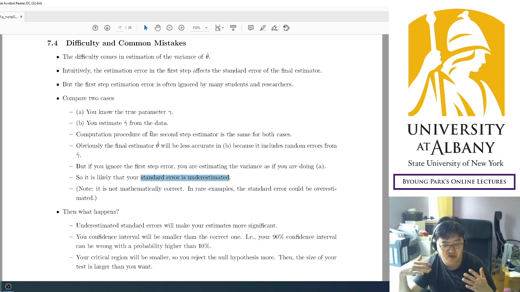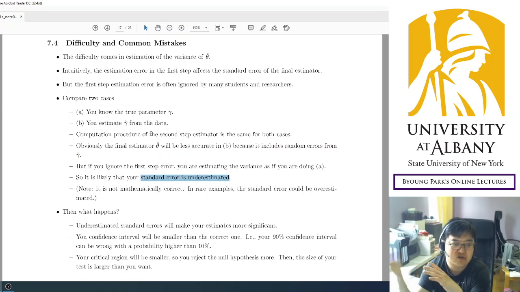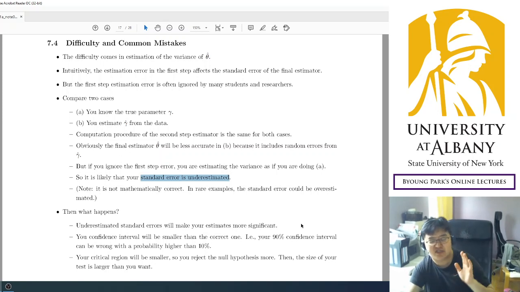So you are underestimating. Your estimator is not that accurate, but your standard error calculation is wrong, so it looks like it's accurate, which is dangerous. You are not doing well, but you got a good standard error. So that's a problem.